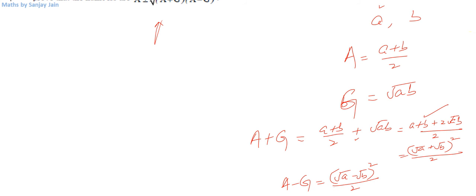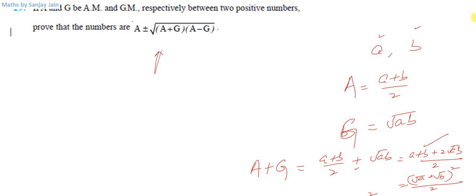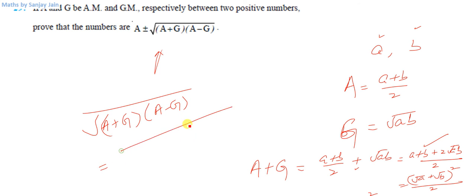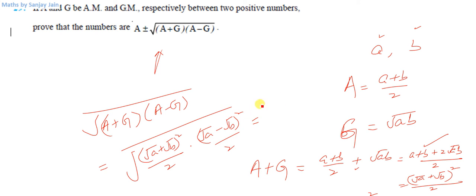So A plus G and A minus G I've got. What about square root of A plus G into A minus G? It will be equal to root a plus root b whole squared by 2 into root a minus root b whole squared by 2. So square and square root.